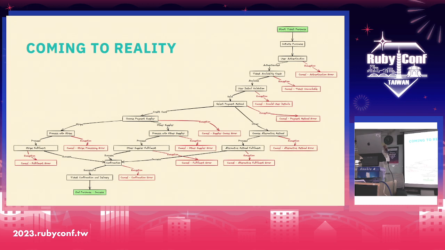The real world use case has many more things when we integrate into our production environment. You can see we need user authentication, checking the ticket is available, user validation. Then we select the payment method for validation, like credit card or anything.